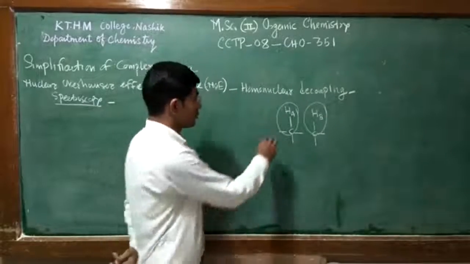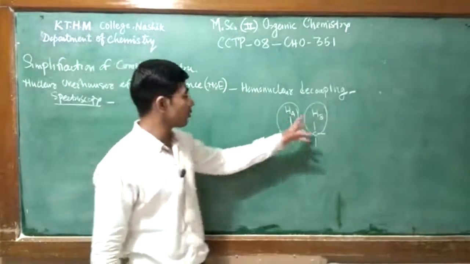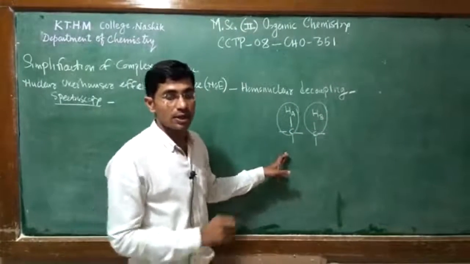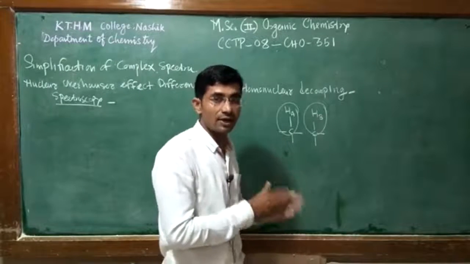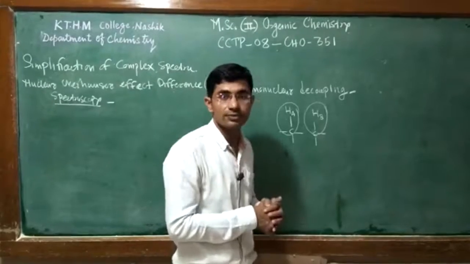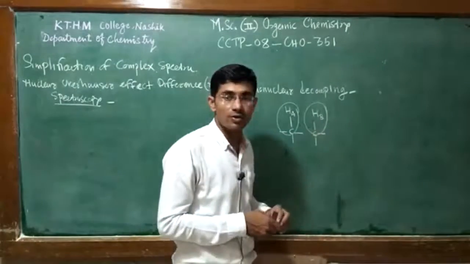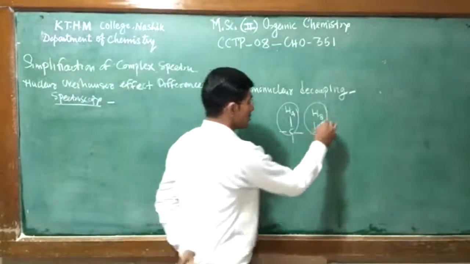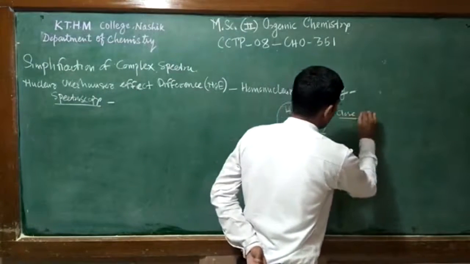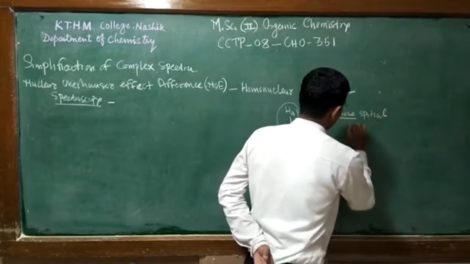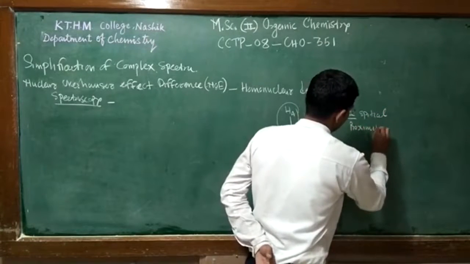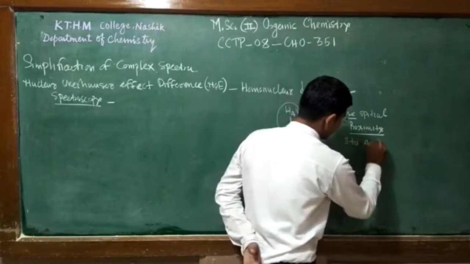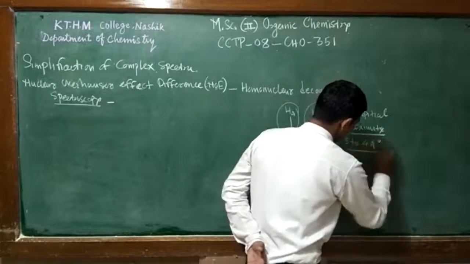These two nuclei are not directly bonded here, but they show the nuclear Overhauser effect and interact through it. So when HA and HB protons interact through the nuclear Overhauser effect, these nuclei should be in close spatial proximity, meaning within a distance of 3 to 4 angstrom units.